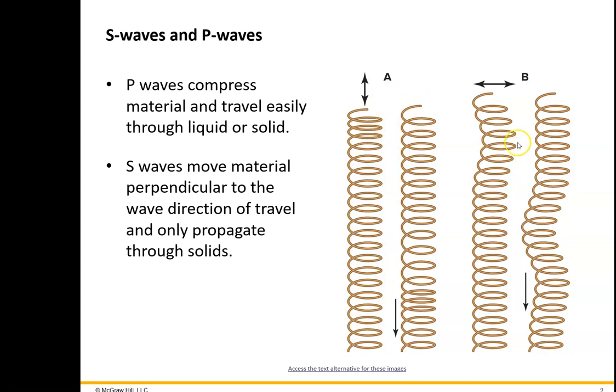That's a longitudinal wave. These waves right here, the S waves, are also known as transverse waves. Transverse just means perpendicular. So the thing waves perpendicular to the direction that they're traveling. The longitudinal waves wave in the direction that they're traveling.